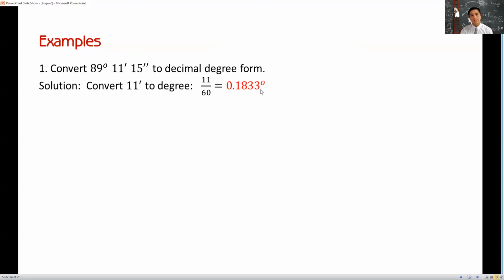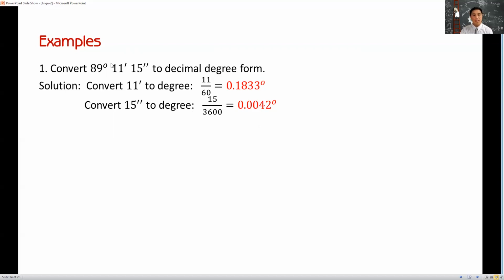0.1833 degrees. And what about the 15 seconds? So the 15 seconds will be converted to degrees by dividing it by 3,600, because 1 degree is 3,600 seconds. And when you do that, you will get 0.0042. Remember to use 4 decimal places. And we have now everything that we need to give our final answer.